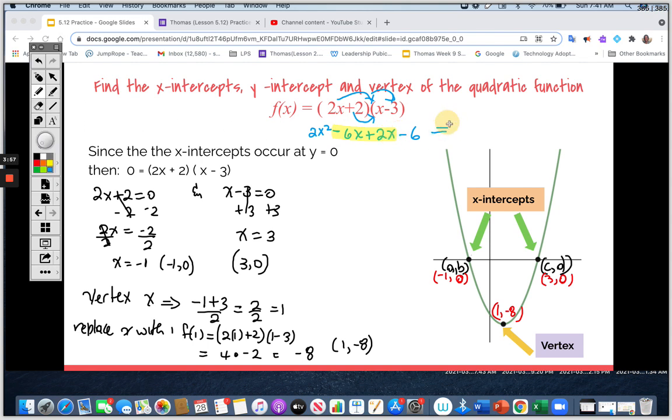That's going to become 2x squared + 4x - 6. So the C term in my equation is the y-intercept. So my y-intercept would have to be negative 6. So it's crossing at the point (0, -6). There you go.